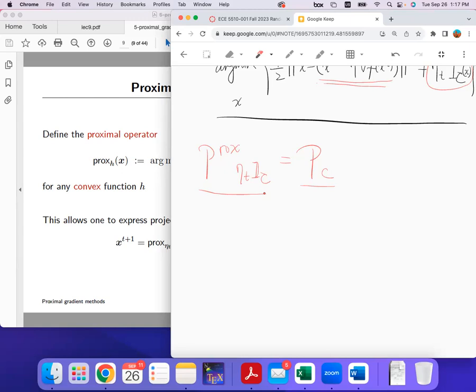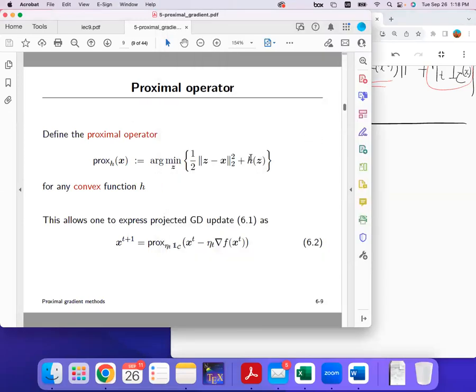So this shows that the proximal operator is a very good generalization of the projection operator. When we talk about projections, we always talk about sets, constraint sets. But now when we introduce proximal operators, we can define it for every single function h.